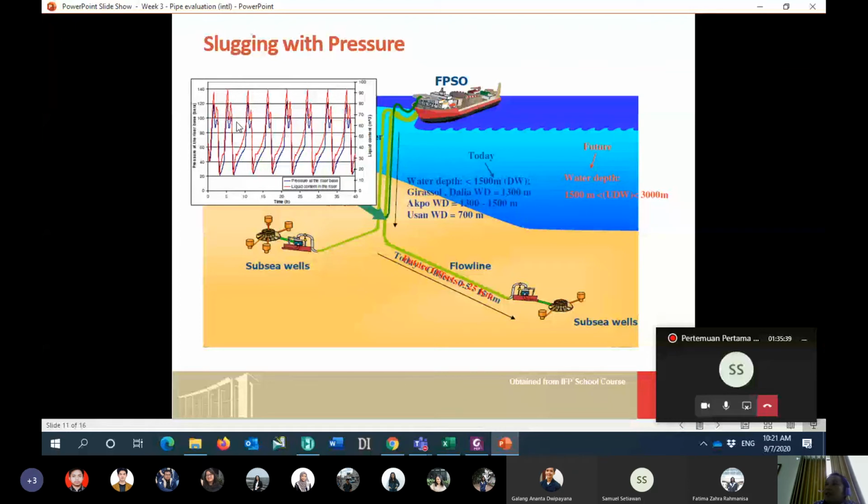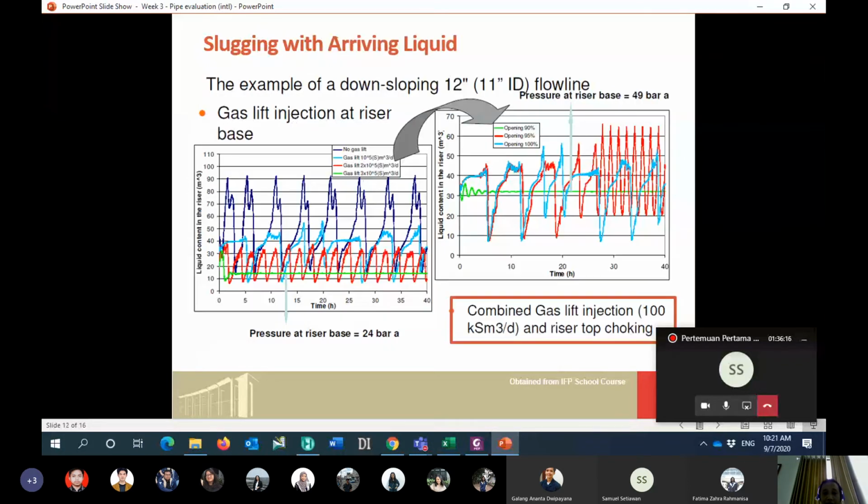Usually for good operation, the separator is key, and we maintain almost stable pressure in the separator, but in this condition that is very, very difficult. The second problem is designing the vessel material, for example the wall thickness. The thickness of your material should be able to handle 140 bar, which means very, very thick material. So this is the problem we have to face.